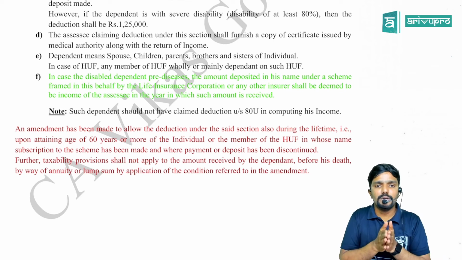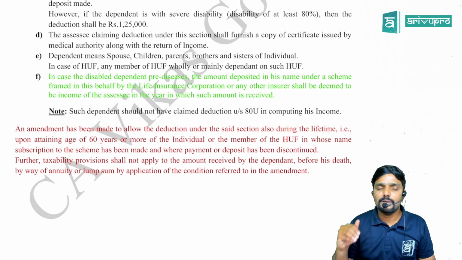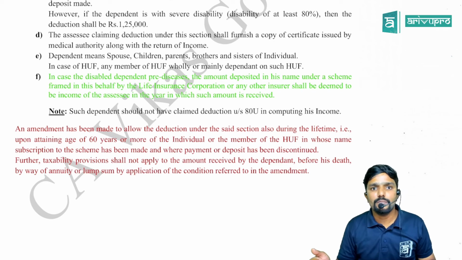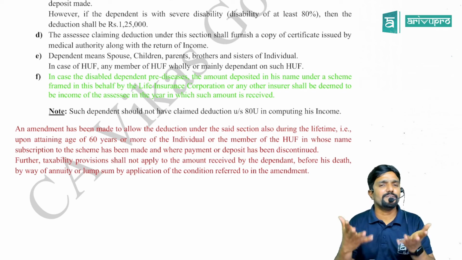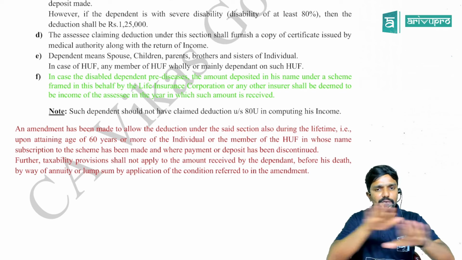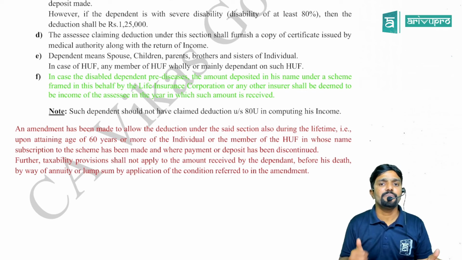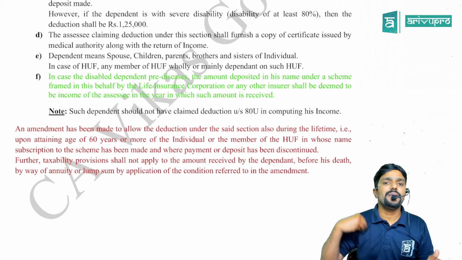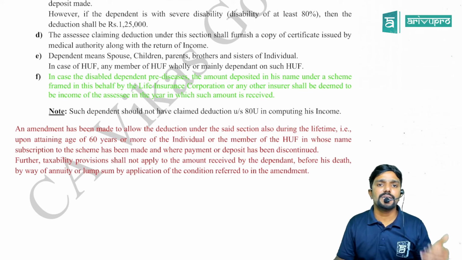Now, what they have told in the amendment is, sir, policy matured. So now I will not be paying any premium in the future. Whatever policy, assume I had taken for 20 or 25 years, now 20-25 years are over, but my brother, who is dependent and disabled, is still alive. Now I'm not paying any premium in the future. Can I still continue to claim deduction under this section, 75,000 or 1,25,000?